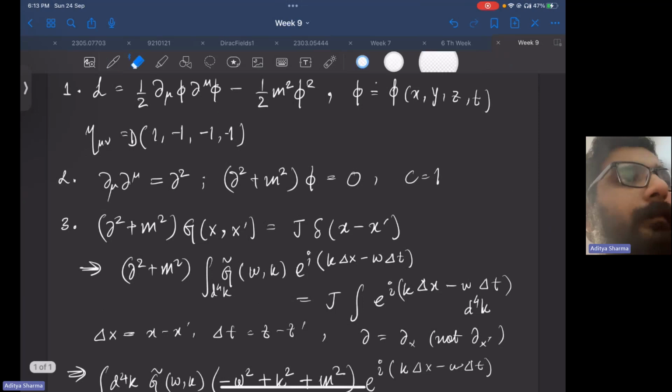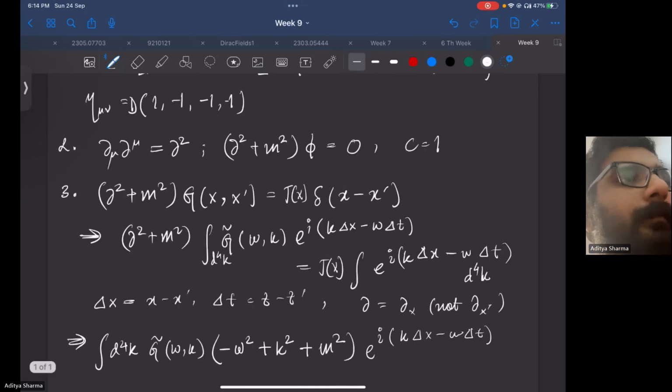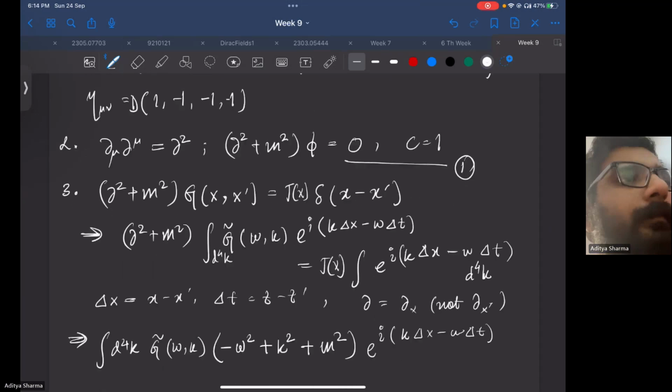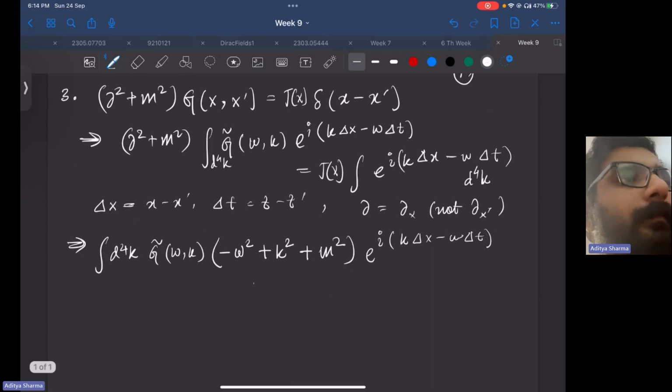And also let me remove j from here. This j dependence, okay, it can be there, it's not a problem for this problem. Okay, this is going to be j of x.